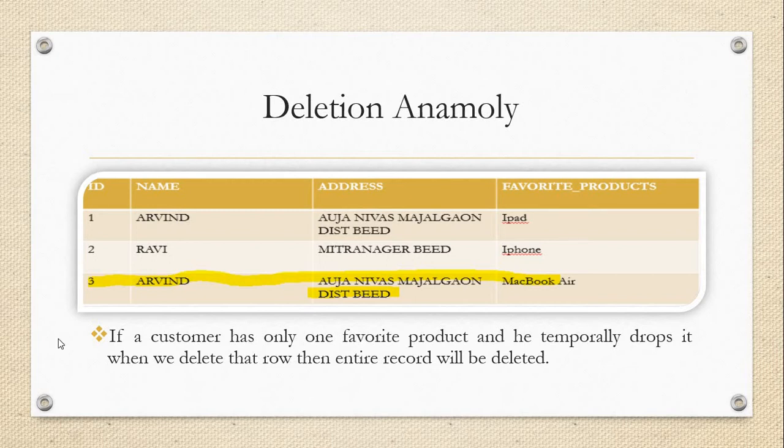Right now I don't want to delete the address, the name, or the ID, but I want to delete the favorite product only. But when I try to delete the favorite product, the name and address also get deleted automatically. So these are the problems while creating the table without normalization.